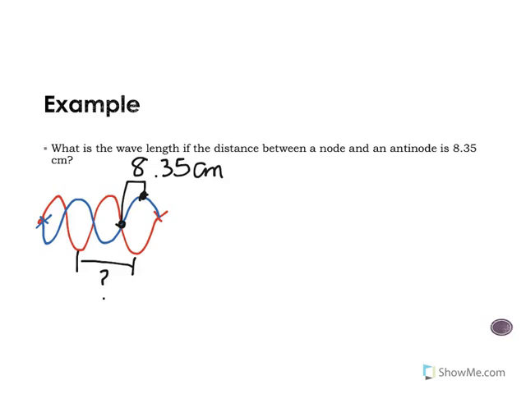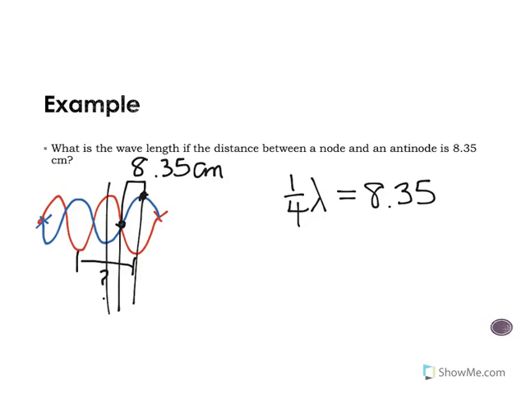So what we can do is we can say that 1/4 of our wavelength is equal to 8.35, because if we were to split this up into nodes and antinodes, we'd notice that we have 4 positions.